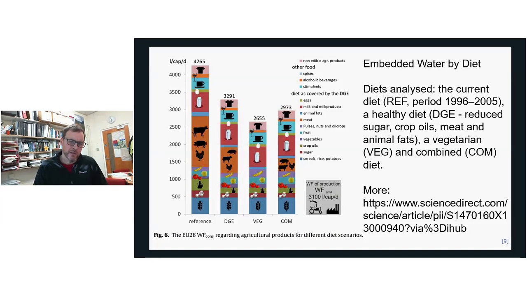It wasn't saying that people should become vegan or become vegetarian, but by eating less meat, we'll have a diet which has lower levels of energy invested in it. And what this graph also shows is it will have a lower water footprint as well. There's a link there which you could follow if you want to have a critical look at this research, but it's quite interesting work, I think.